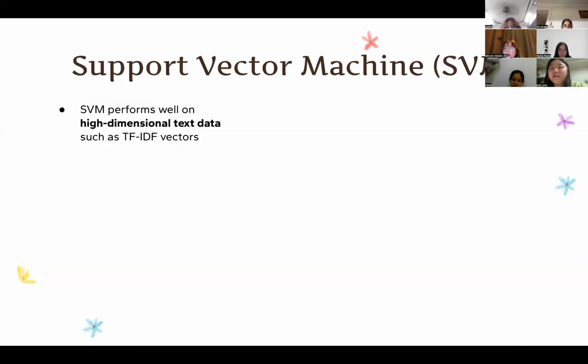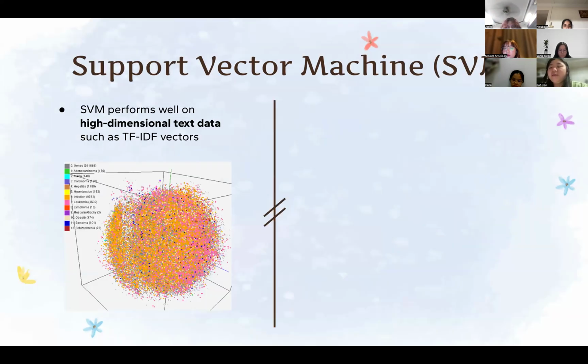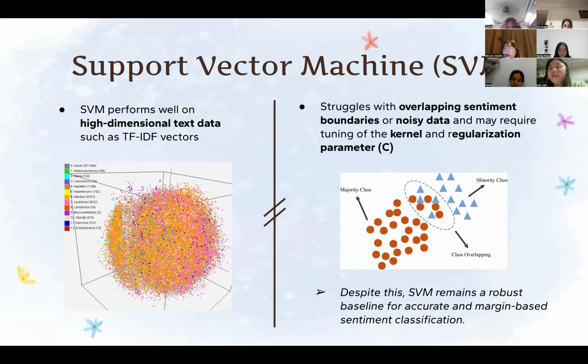It excels at sentiment classification on high-dimensional text like TF-IDF, easily finding a separating margin. However, its limitations include struggling with overlapping or noisy sentiment boundaries, which often requires tuning of the regularization parameter C or a suitable kernel. Despite this challenge, SVM remains a strong, reliable baseline due to its margin-based approach and excellent handling of high-dimensional data.